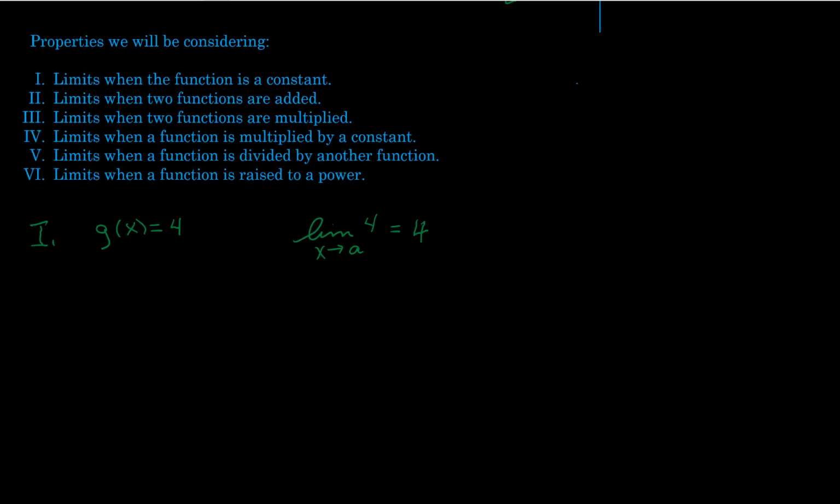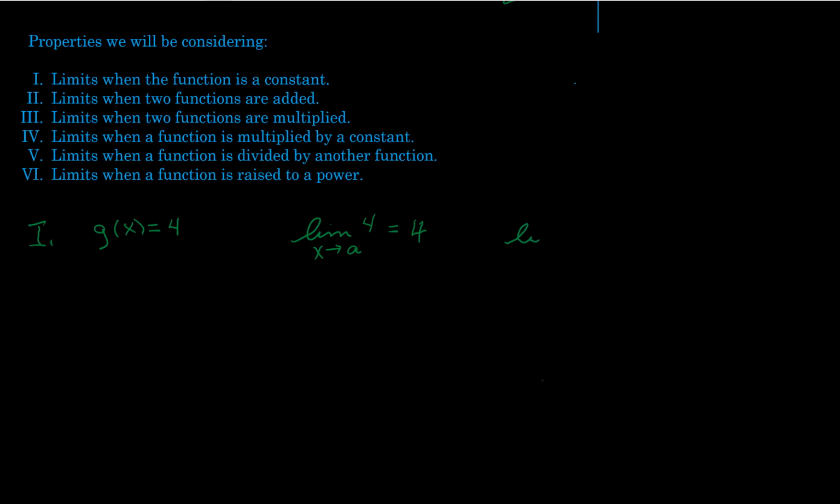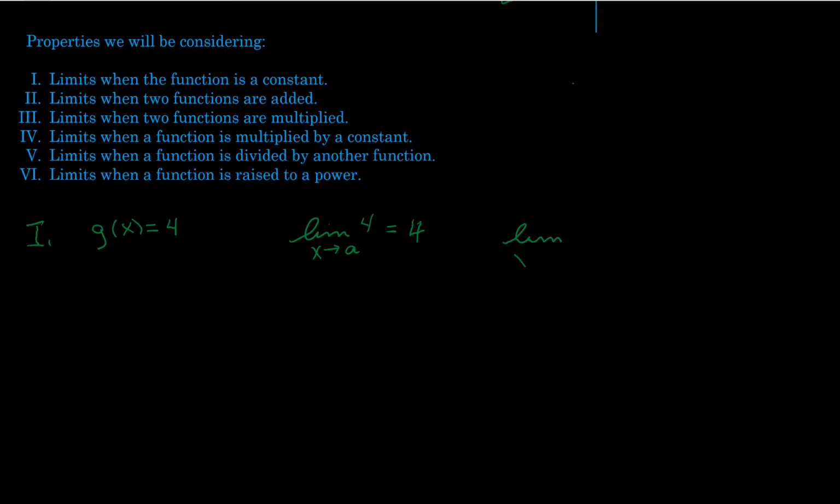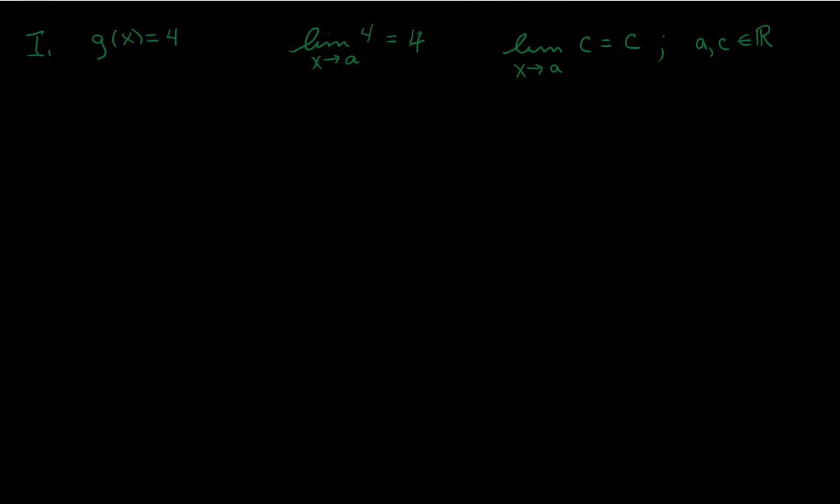So what the first property says is if we do the limit as x approaches a of c, we will get back c. Now there are 2 things we need to note here. a and c are both real numbers. They don't have any variable in them, just like what we've seen here. The function is 4.